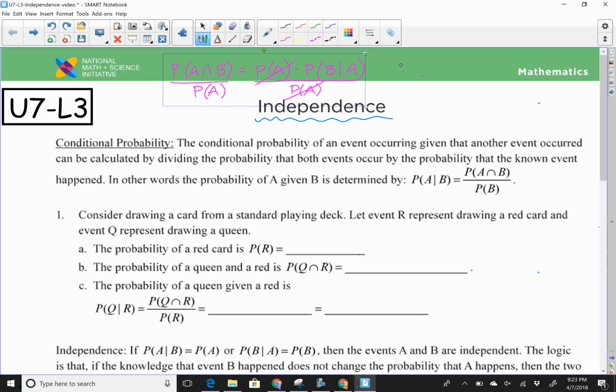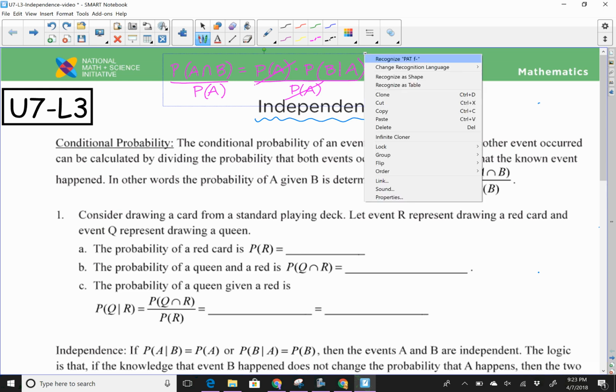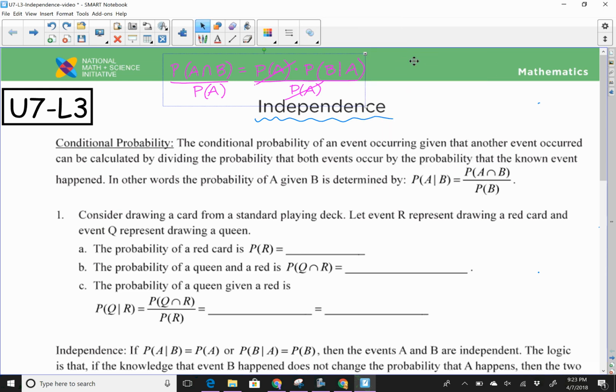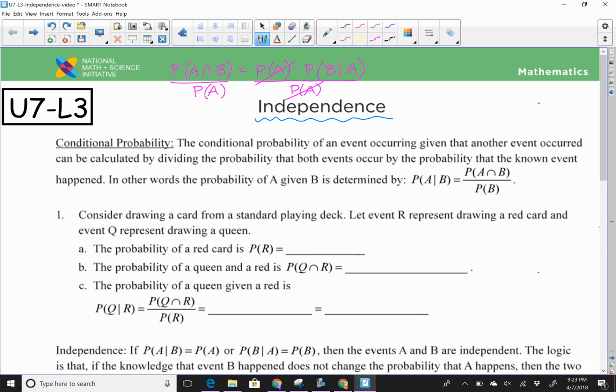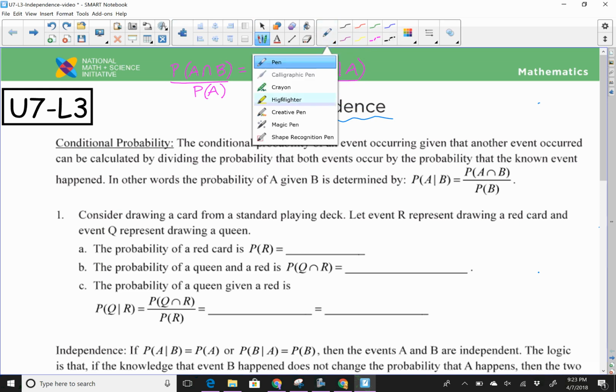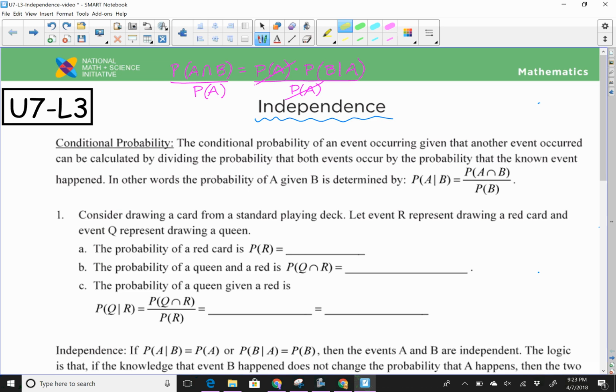That leaves me with the probability of B given A is the probability of A and B over the probability of A. Okay, so this is the definition of conditional probability, but I really want you to understand that it's just a variation of a formula that you already know.